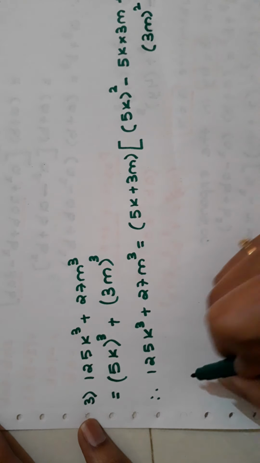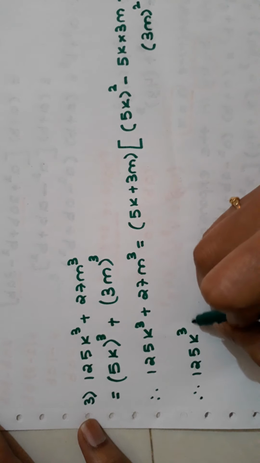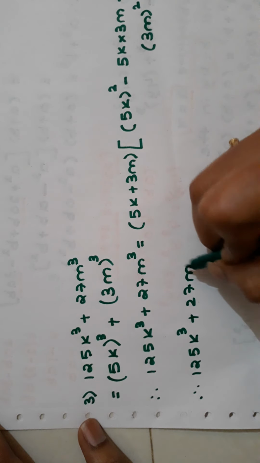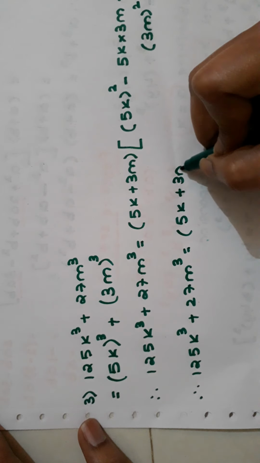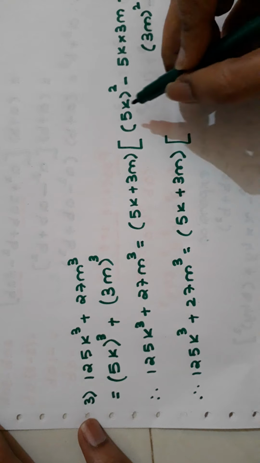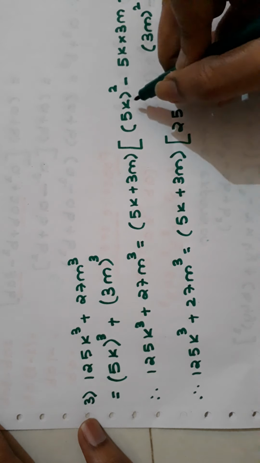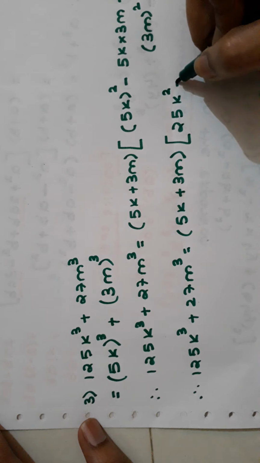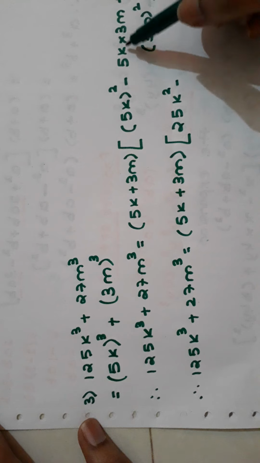Therefore 125k cube plus 27m cube is equal to 5k plus 3m, as it is addition of two unlike terms. Law of indices, 5 square is 25, k square, minus, now how to multiply this unlike term? Both are unlike terms.